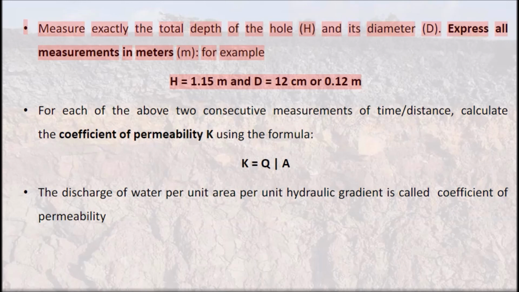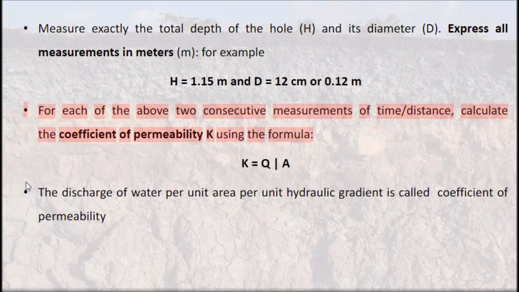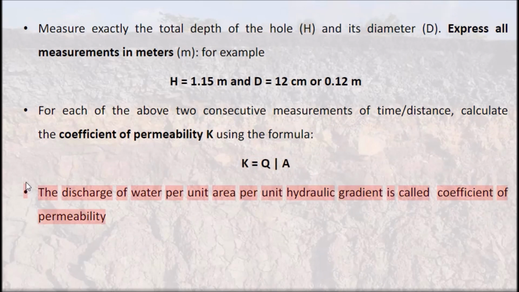Express all measurements in meters, for example, h equals 1.15 m and d equals 12 cm or 0.12 m. For each of the above two consecutive measurements of time and distance, calculate the coefficient of permeability using the formula K equals Q/A. The discharge of water per unit area per unit hydraulic gradient is called the coefficient of permeability.